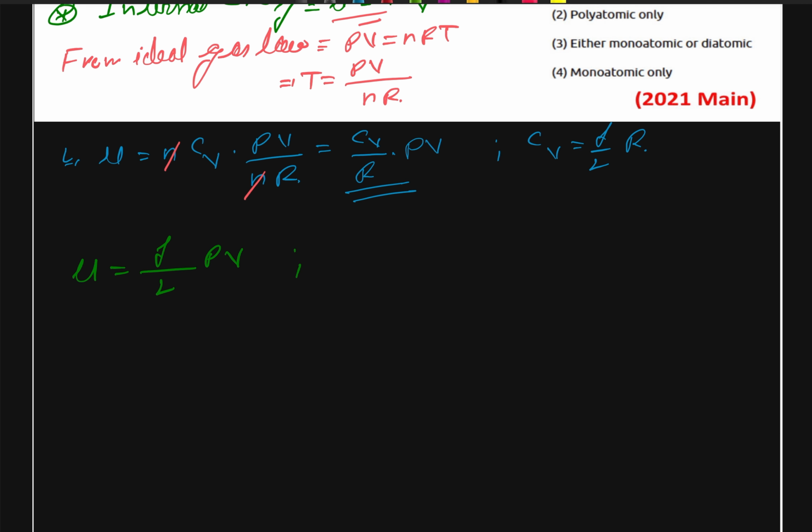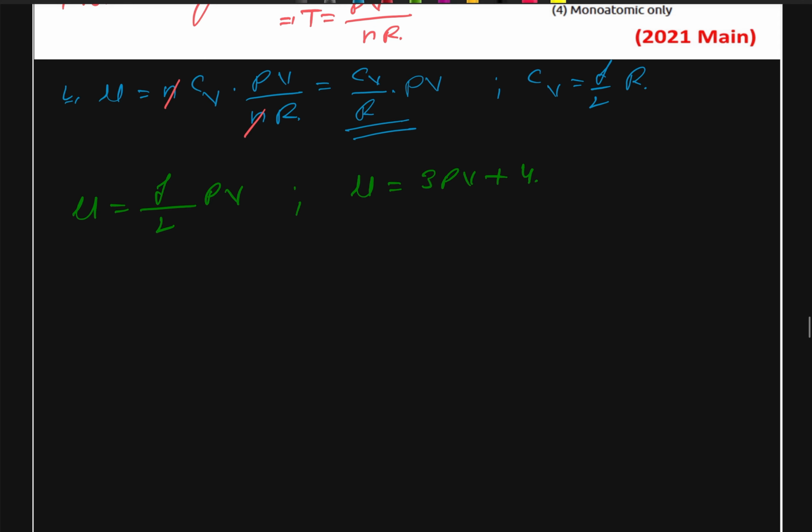And we are also given that our internal energy is equal to 3PV plus 4. So we substitute the value of internal energy, and we get f upon 2 PV is equal to 3PV plus 4.